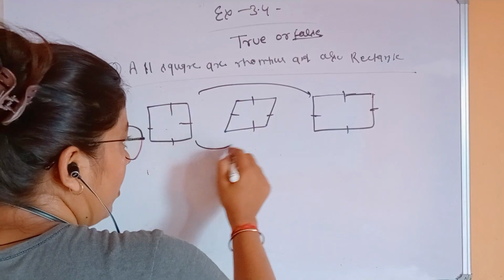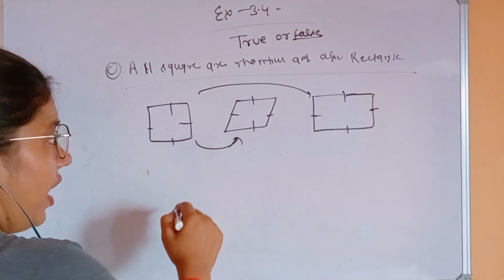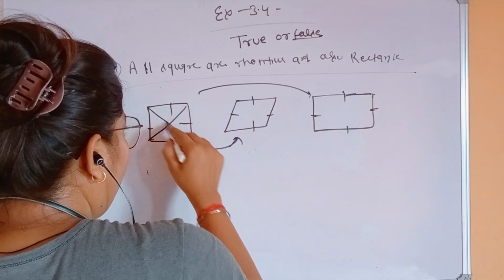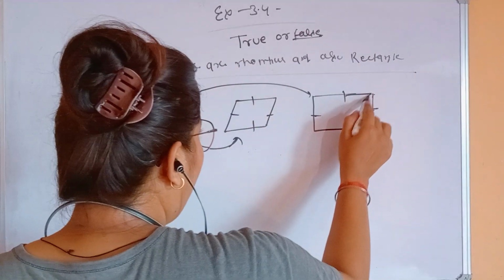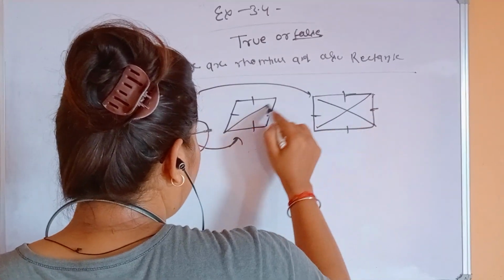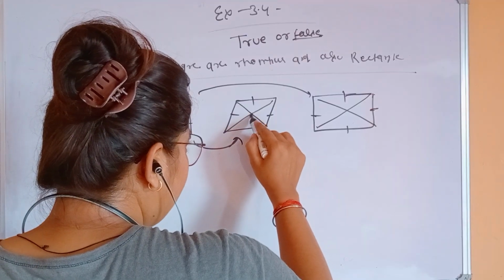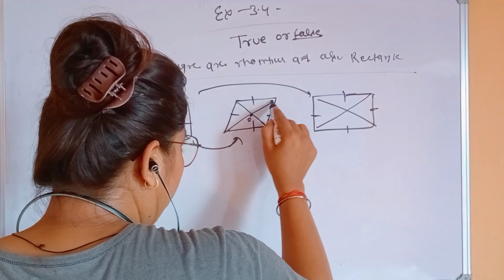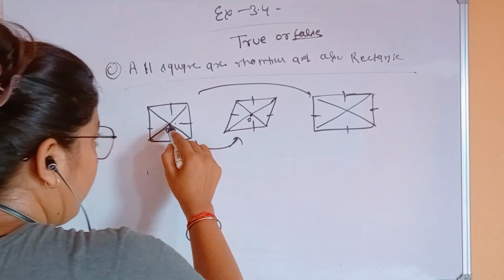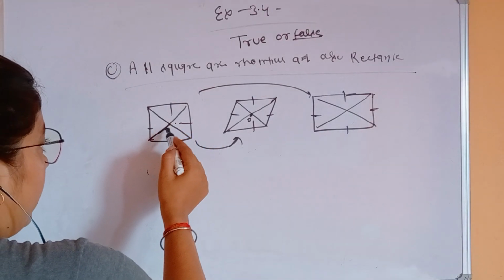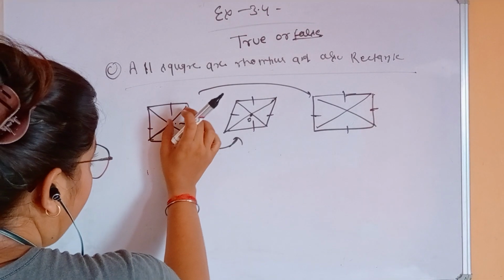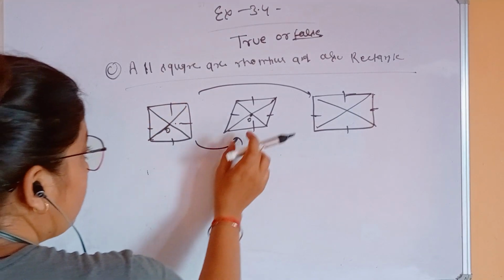The rhombus also follows. Now we draw the diagonals. The diagonals are the same as in a rectangle. In a rhombus the diagonals bisect each other, that means this is equal to this. In a square also, if the diagonals cut at O, then the half angle is equal to the half angle, so in a rhombus also.